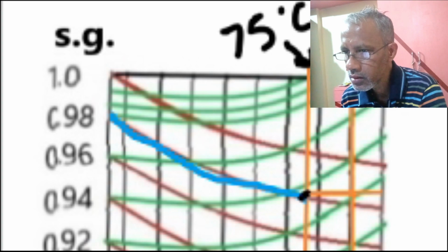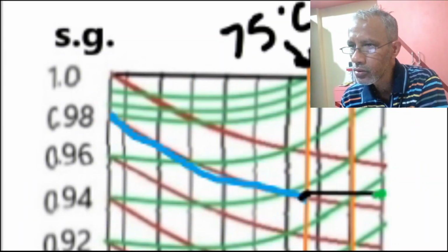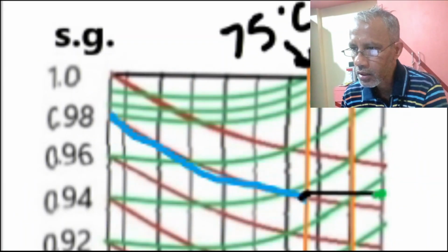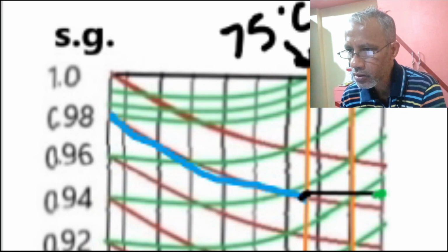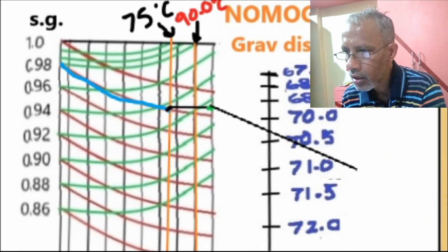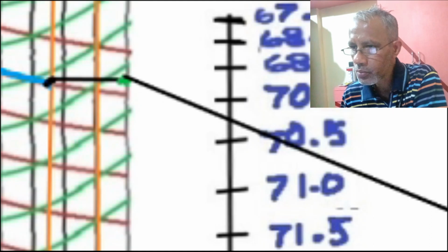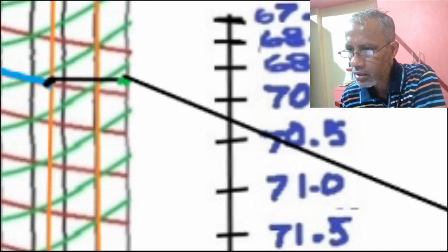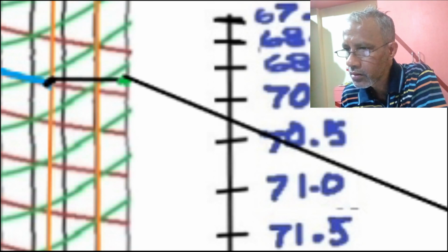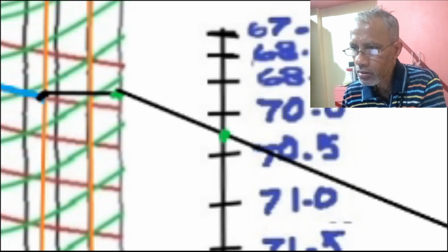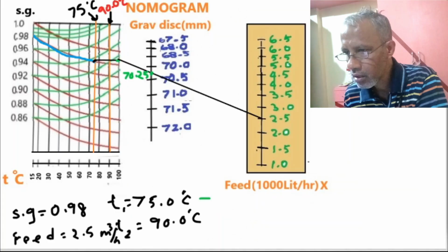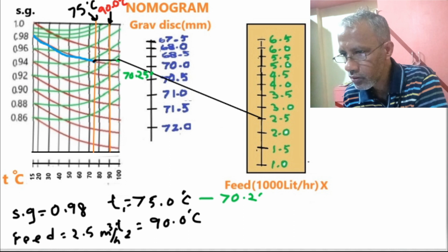The parallel line is this one. Next is to draw a line right up to 2.5 meter cube per hour feed rate. So the point where the last line met the gravity size is 70.25 mm.